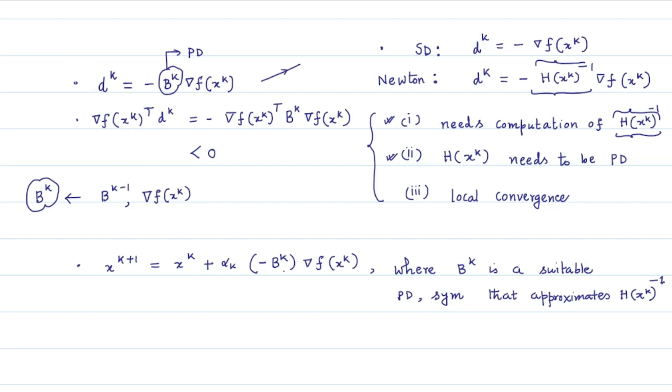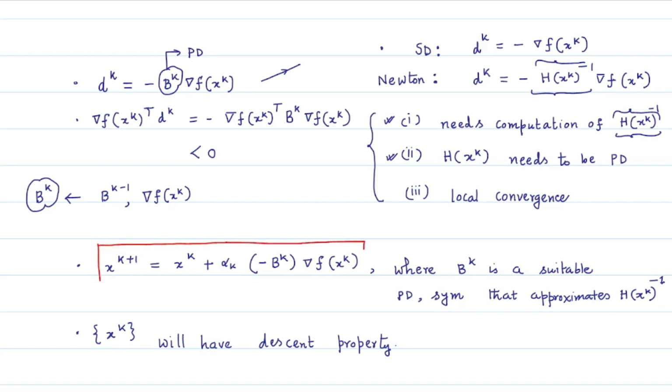And once this Bk is a positive definite matrix, we notice that the generated sequence xk will certainly have the descent property. This iterative formula is referred to as the Quasi-Newton method or Quasi-Newton iterative formula because this formula looks very similar to the Newton iterative formula, just by replacing minus Bk by minus Hessian inverse.